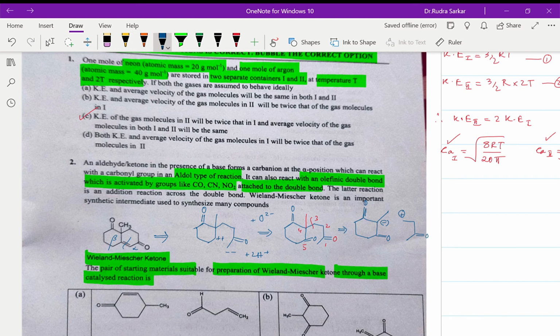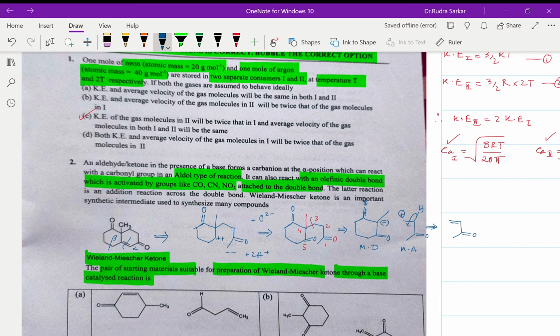Alright, another heterolytic cleavage. So wherever there is a plus sign, you think of removing this proton to find out the Michael acceptor, and this is your Michael donor. This is your Michael acceptor.